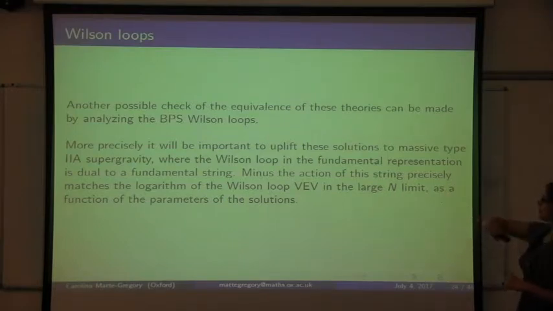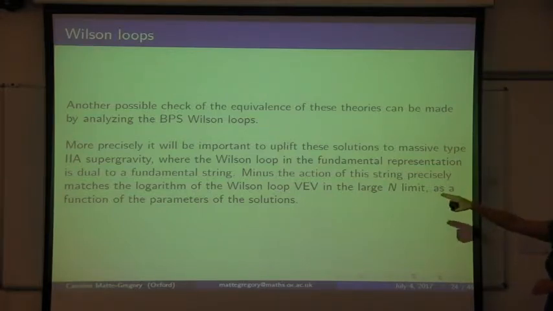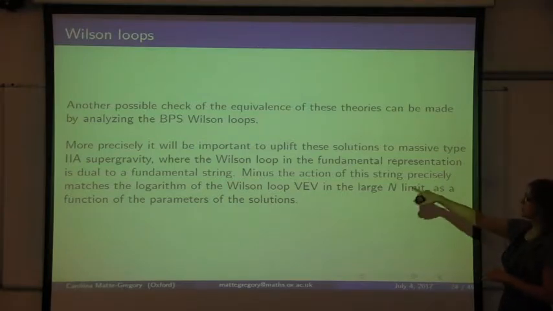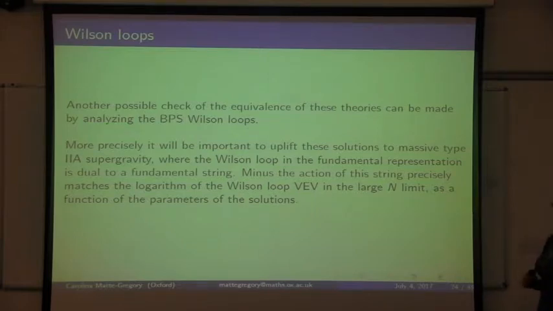To compute the Wilson loops on the gravity side in particular, you have to uplift the solutions to massive type IIA supergravity, and then this Wilson loop will actually be just the action of a fundamental string sitting there, and that will agree with the Wilson loop in the fundamental representation in the supersymmetric theory, in the large N limit.